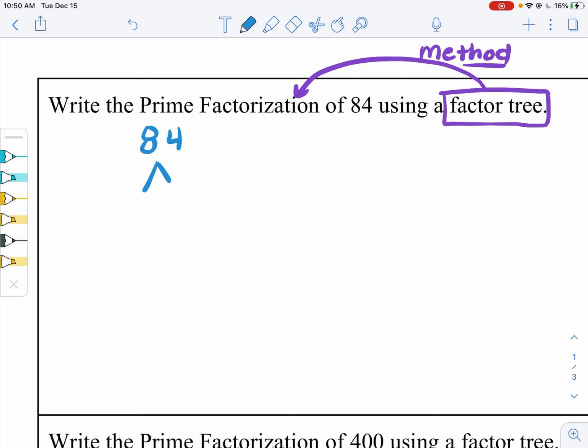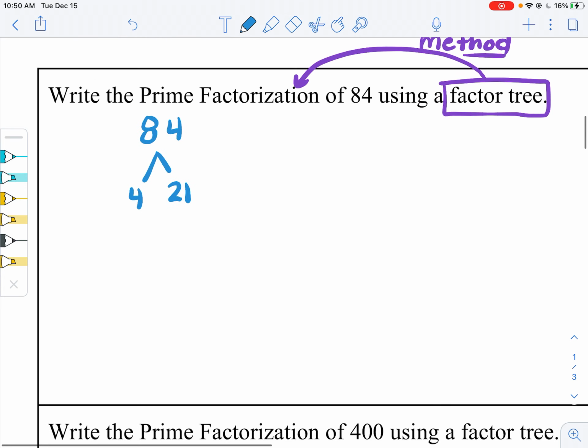I know that 2 goes into 84, so I can do 2 times 42. I know that 4 goes into 84, so I could do 4 times 21. So I'm going to do that. 4 times 21. You can choose any combination. And we're going to do this until we get all prime numbers. So 4 is not prime, so I'm going to keep going.